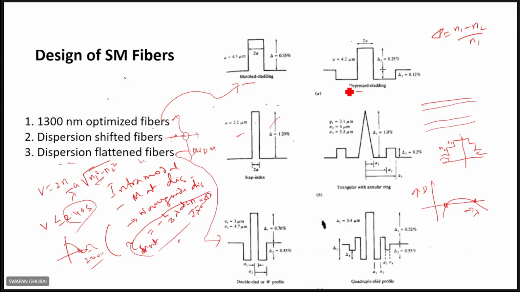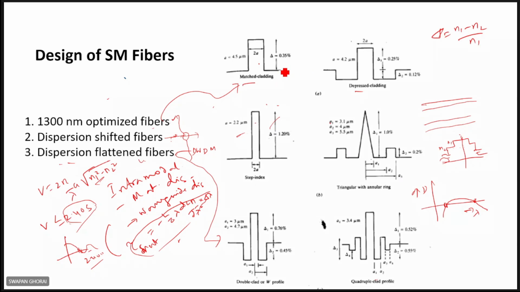In matched cladding, this is the core and this is the clad, so the cladding refractive index is constant. Generally in a fiber you have seen one core and one clad, but now we'll see that more than one clad can be there, based on refractive indices. That is the matched cladding.